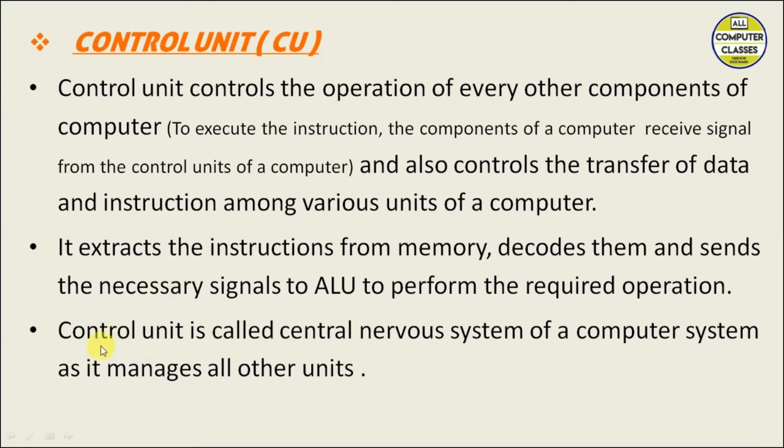Every major component of a computer is connected to the control unit and managed by it, right? So this is how the third major component of a CPU, that is the control unit, works.